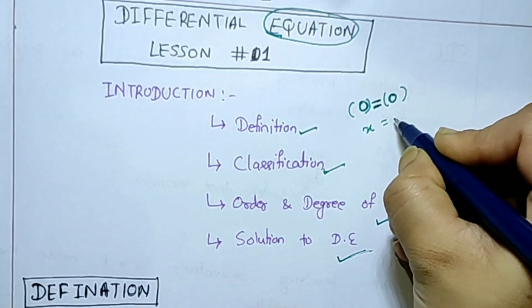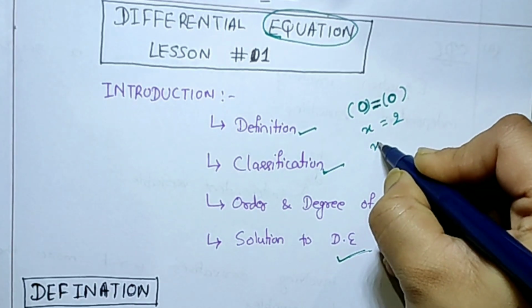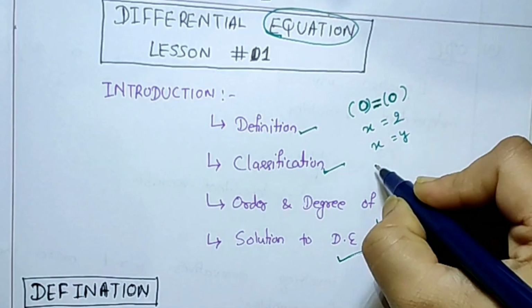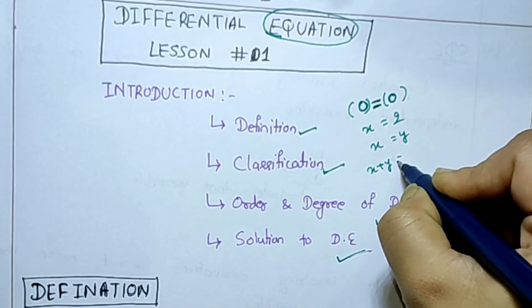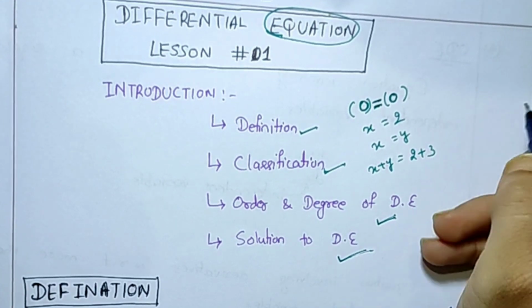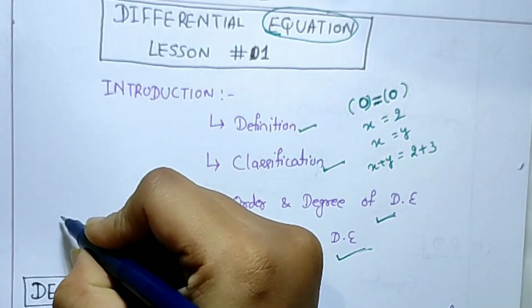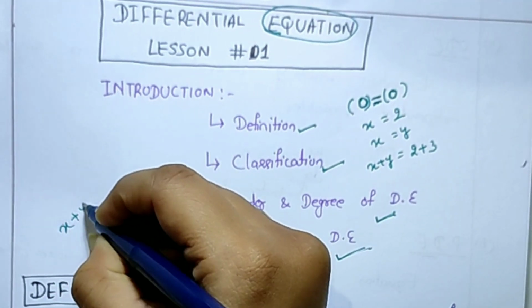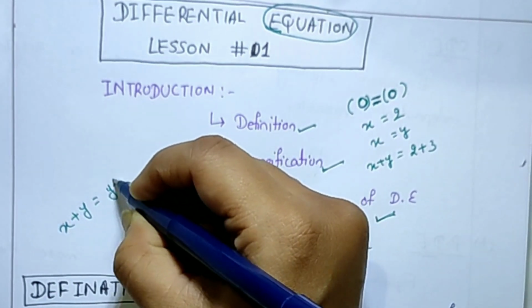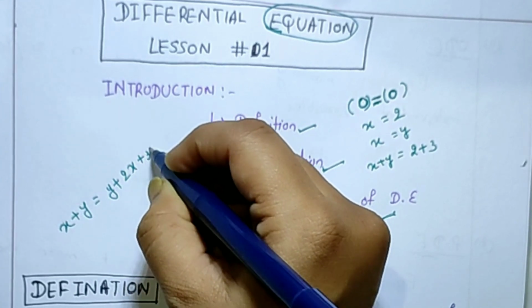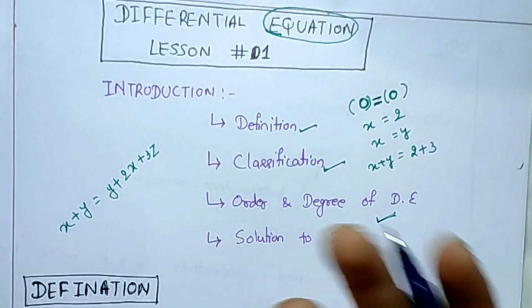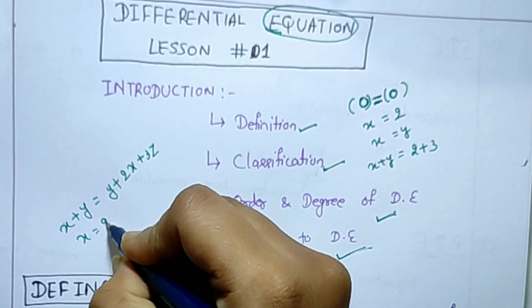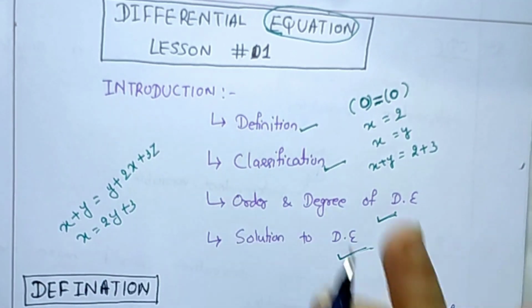Like x = 2 is an equation, x = y is an equation, x + y = 2 + 3 is also an equation. Or I can write something like x + y = y + 2x + 3z, this is also an equation. x = 2y + 3 is also an equation.